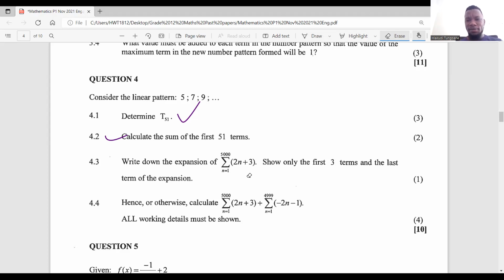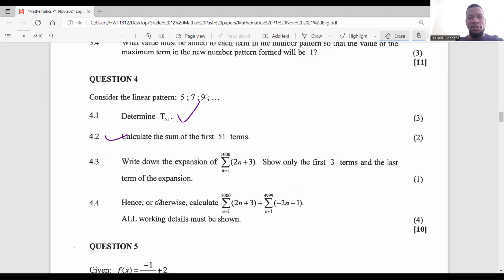Okay, so in this case, they say show expansion of this, for the first three terms. They already gave us the first three terms in this sequence. Can you see that? If you substitute n equals to 1, you're gonna get 5. Substitute n equals to 2, you're gonna get 7. Substitute n equals to 3, you're gonna get 9.